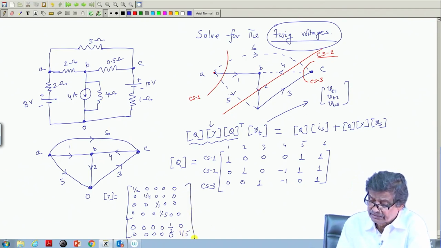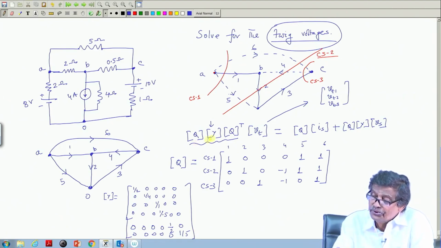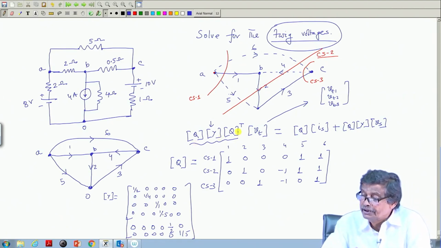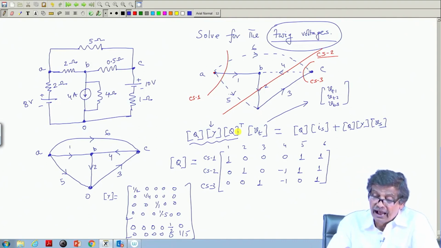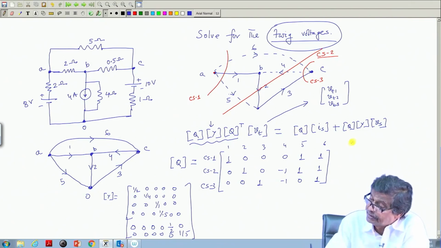So, anyway, this Y matrix is a 6 by 6 matrix, only diagonal elements are present, Q is known. So, Q Y Q transpose I will calculate. Similarly, I s and V s I can write down. Will it change from this other? So, let me write down.